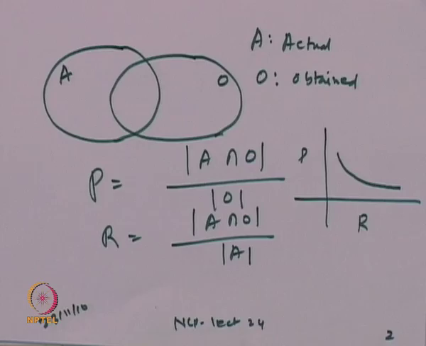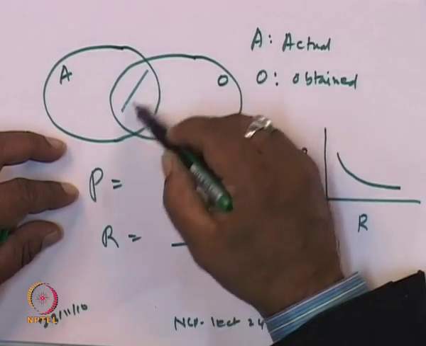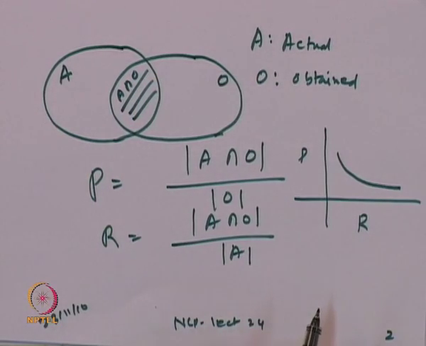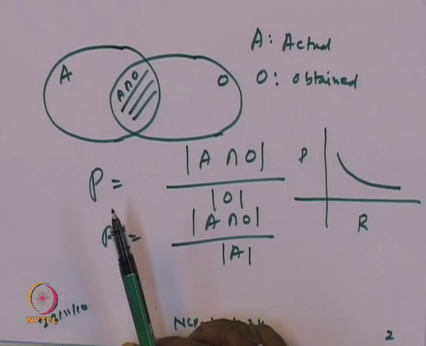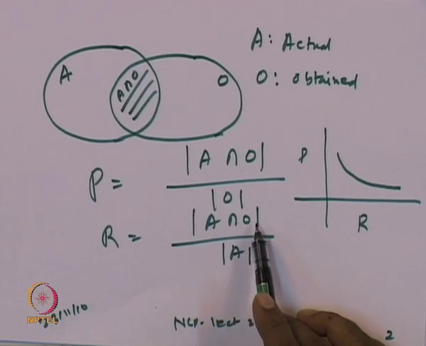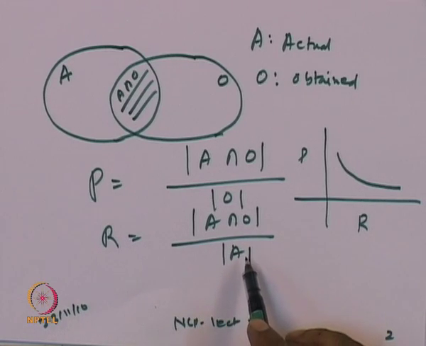This is a typical behavior and it is important to reflect on why this is the case. Now, if the recall must improve, then either A should go down or A intersection O should go up. Let us assume that the actual set of entities which are correct does not change, that A does not change.